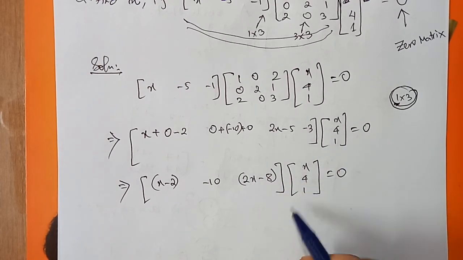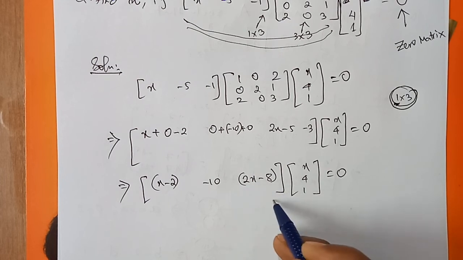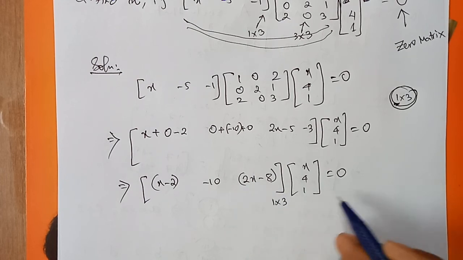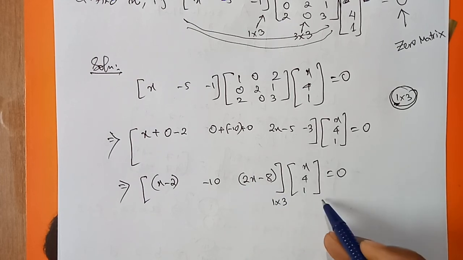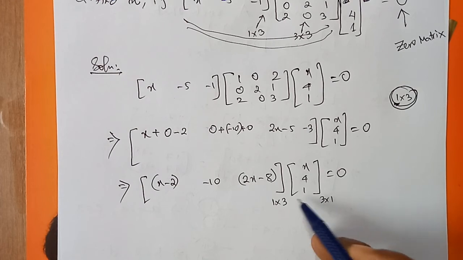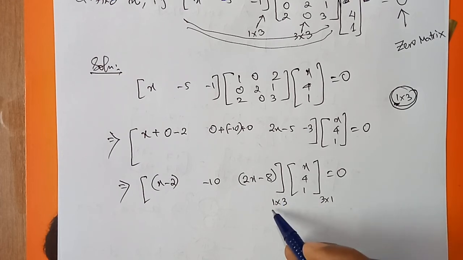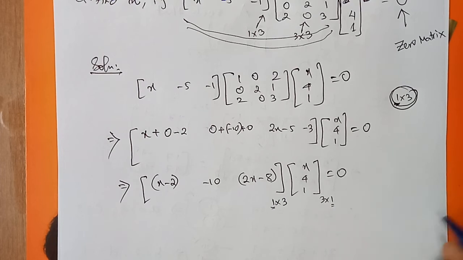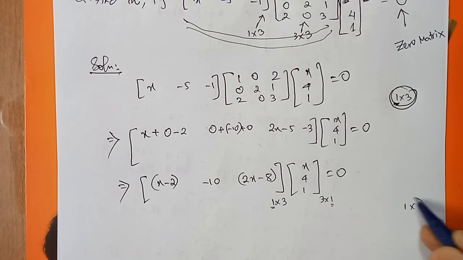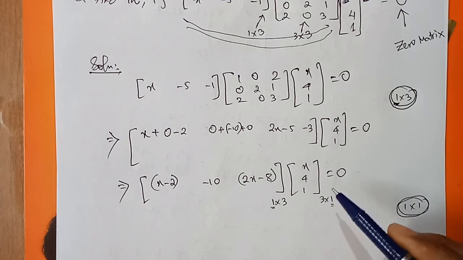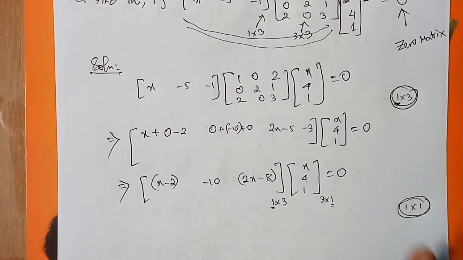Here you see the order. This is order 1 by 3, and this is 3 rows 1 column. The product of these two matrices will be of order 1 by 1. That means the matrix will contain only a single element. So we multiply now.